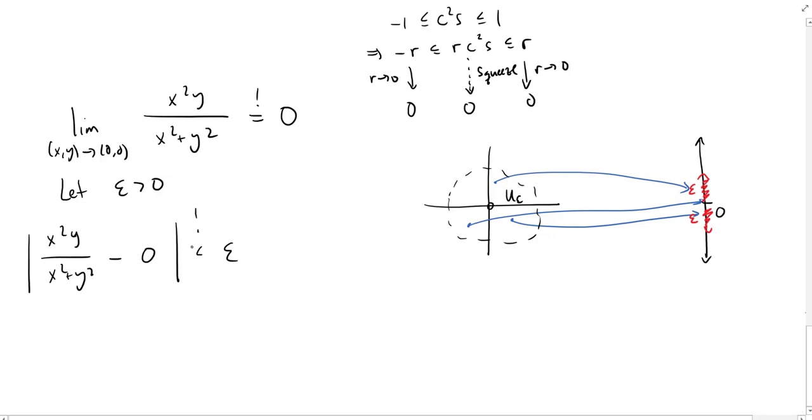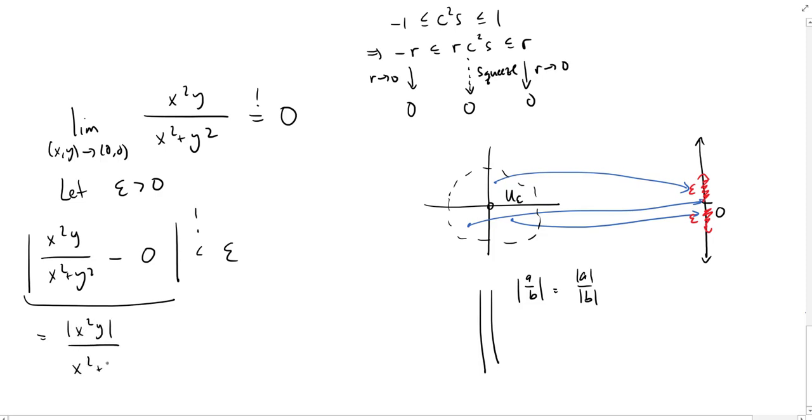Right? That's what we want. Well, what does this actually equal? Well, first, you can get rid of the minus 0. Second, we can use that the absolute value of a quotient is the quotient of the absolute values. So this is equal to the absolute value of x squared y over x squared plus y squared, where I don't put the absolute values on the bottom because, well, it's already non-negative.